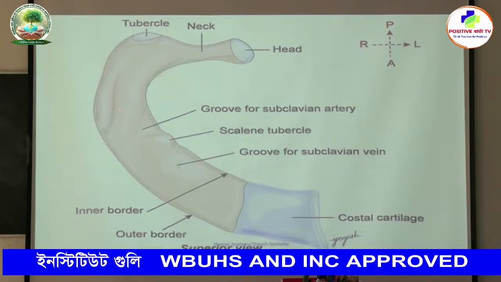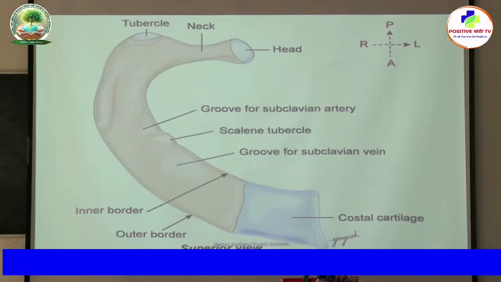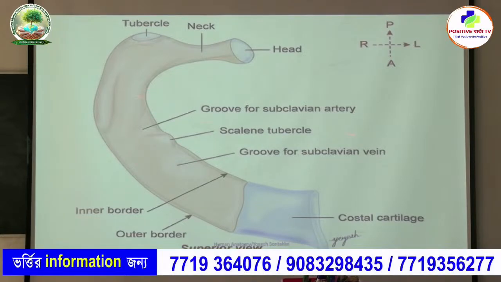On two sides of the tubercle, two grooves are present. Anterior groove is for the subclavian vein. Posterior groove contains the subclavian artery and lower trunk of the brachial plexus. Okay. And this scalene tubercle provides attachment to the scalenus anterior muscle. Okay.